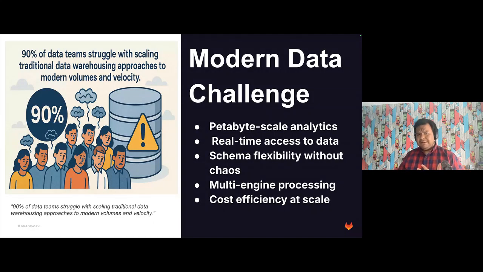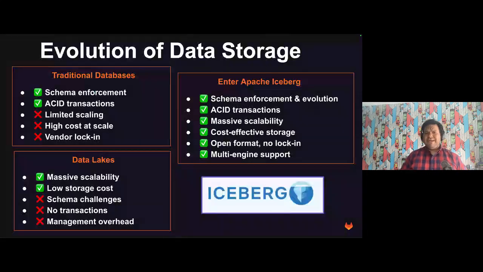So the scale of the data, I think that's the biggest reason to have a solution like Iceberg, Delta Lake, or Apache Hudi, where you have an open table format that can scale as much as you want. Real-time access to data is pretty much possible. Multi-engine processing, like you can talk from different systems like BigQuery, Trino, Presto, Databricks itself for Delta Lake, for example.